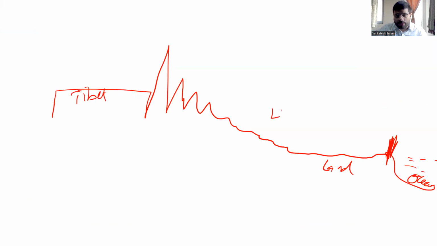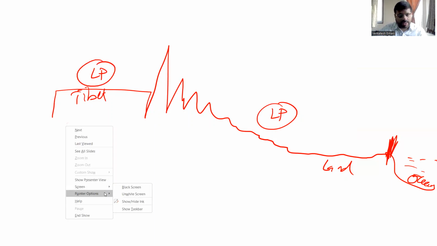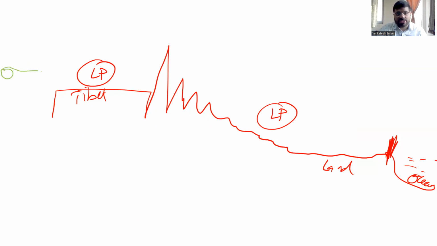Normally there is a low pressure area here because of heat. But there is a jet stream, the subtropical westerly jet stream. When it flows here, it creates high pressure conditions. Now this jet stream is lost in June, July.